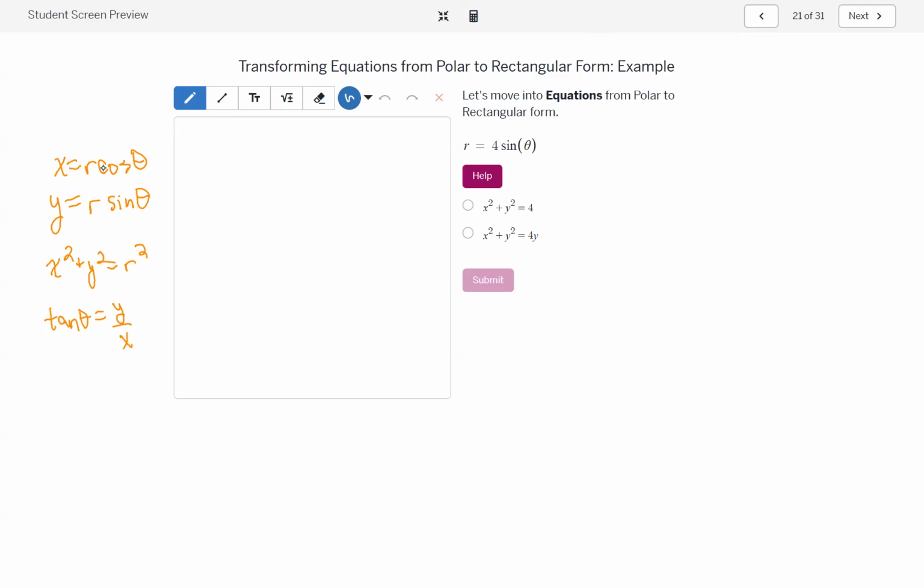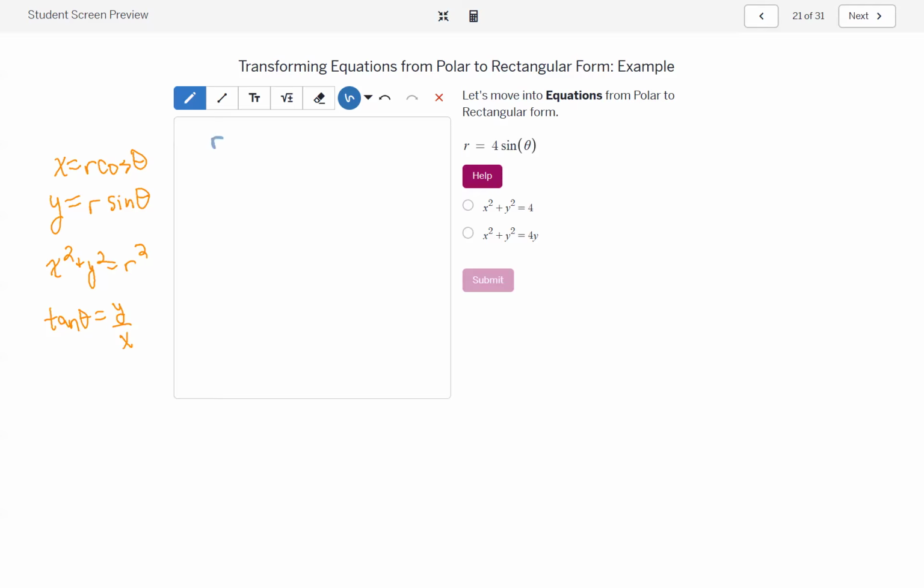I've got something a little weirder. But whenever I see a sine theta or a cosine theta, I always want to think back to the x equals and the y equals formulas. So if I had an r next to the sine theta, then I could trade out r sine theta for y. So that's what I'm going to do first.